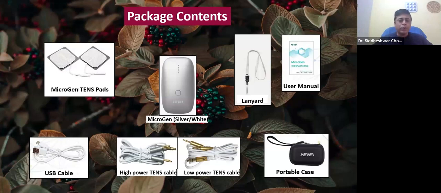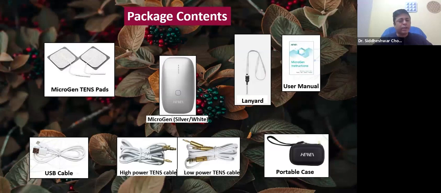You do get a user manual. You do get a USB cable to charge the same. You can charge from anything, PC, any old phone charger, everything will work. You can also use it for data communication, transferring the programs onto your MicroGen through the laptop. And then you also get the TENS cables.